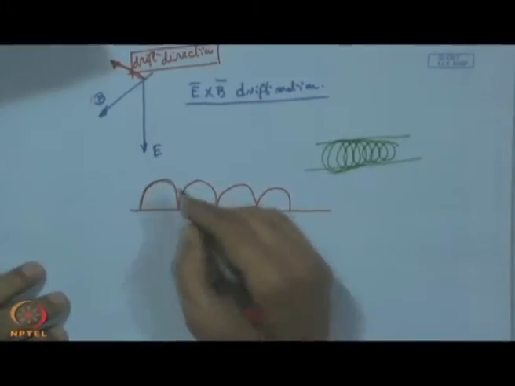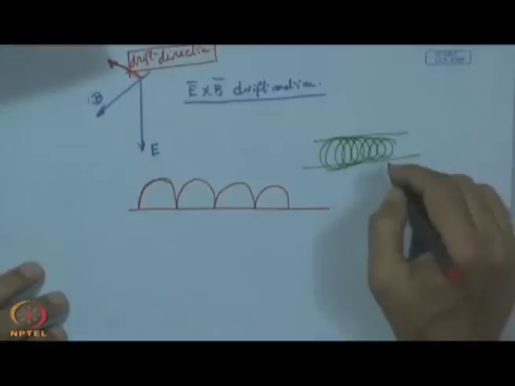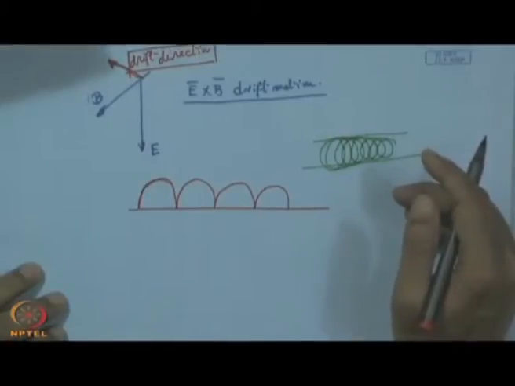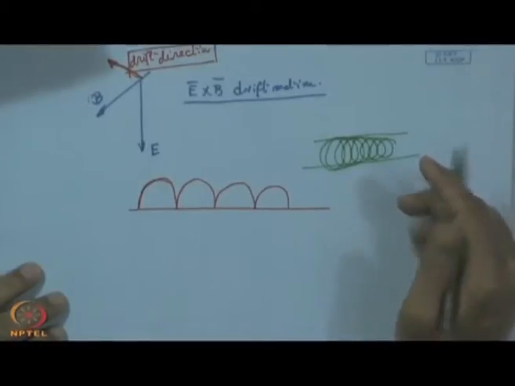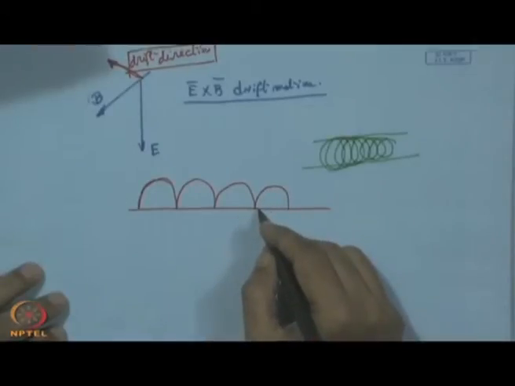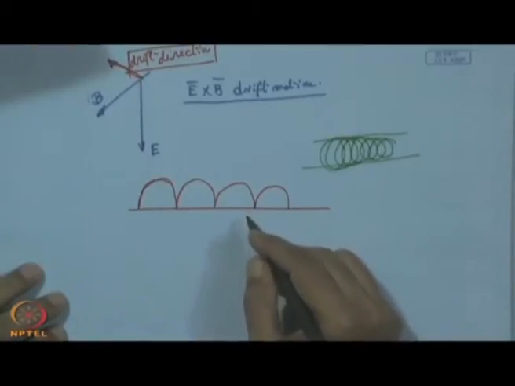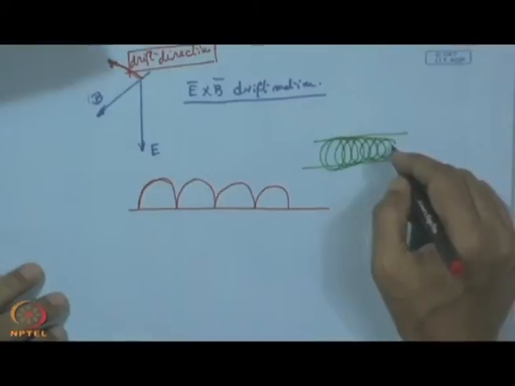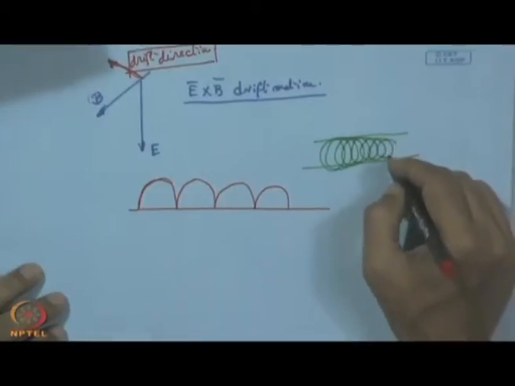Now, this happens because of the situation, if the energy gained by this charged particle because of the very presence of electric field, if it is larger than the initial energy, then it will be a cycloidal motion. But if it is just the contrary to that, that means the energy gained because of this presence of electric field is smaller compared to the initial energy of this charged particle, then that will be more or less like a circular motion.